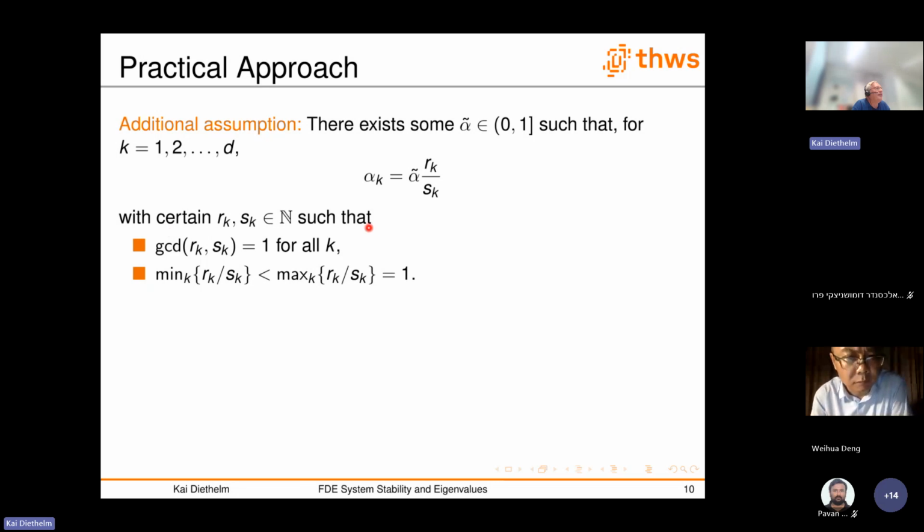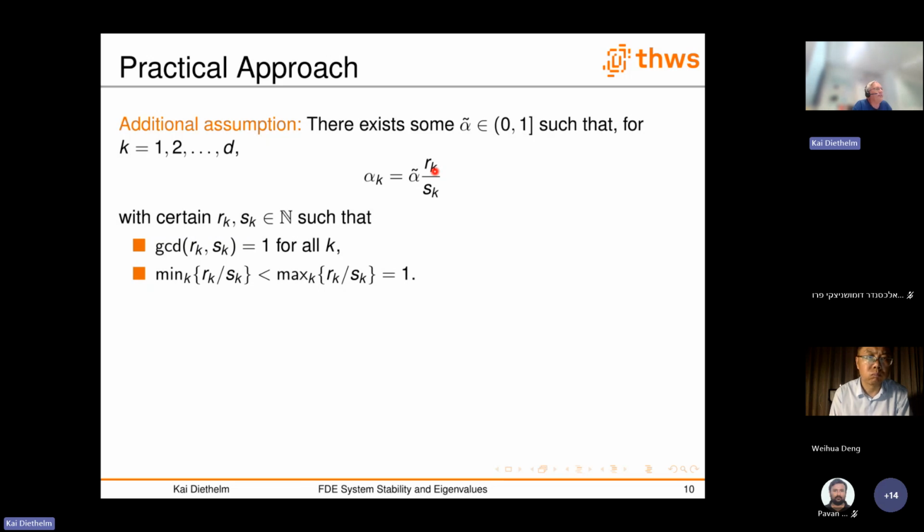What we are demanding is that there exists some alpha tilde between 0 and 1, 0 is excluded, 1 is included, such that each order alpha k can be written as this number alpha tilde times such a fraction here, where the numerator and the denominator are positive integers and they are co-prime. And we also demand that the largest of these fractions is equal to 1 and the smallest one is less than 1.